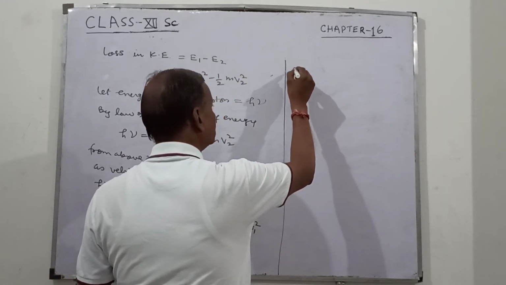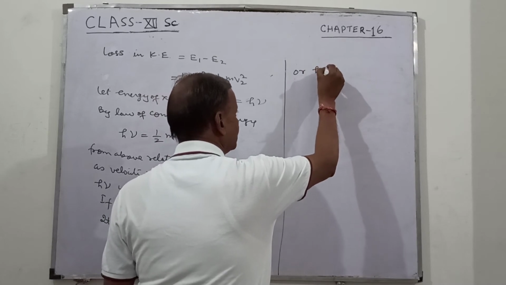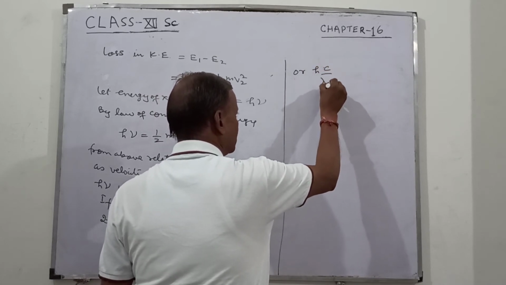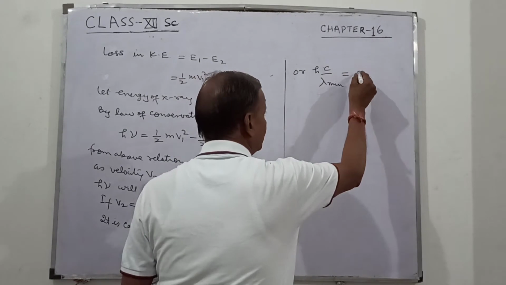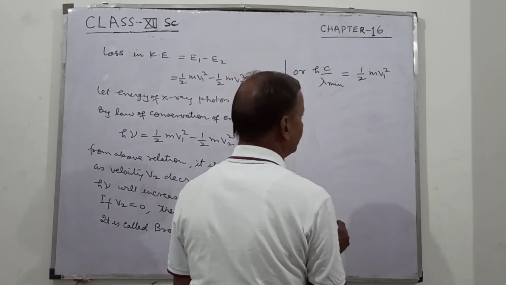Or h c upon lambda minimum is equal to half m v square.